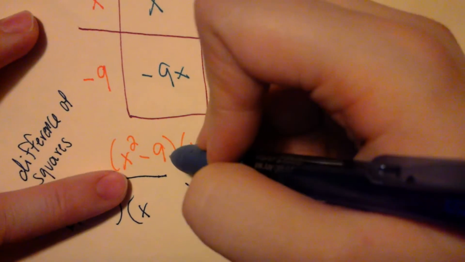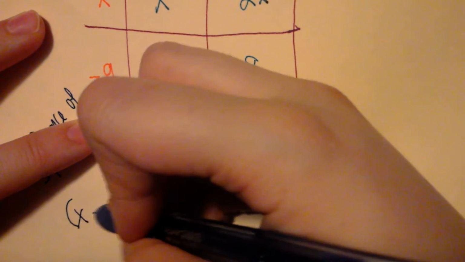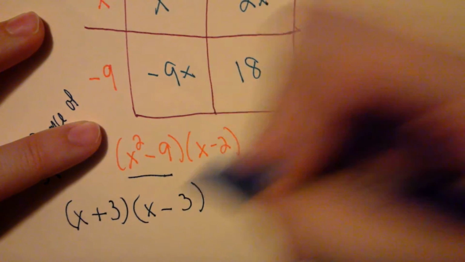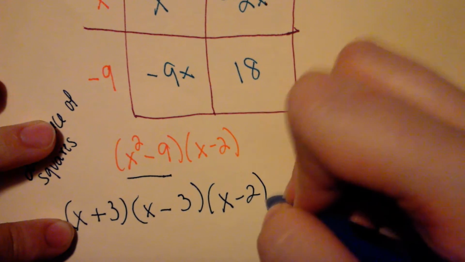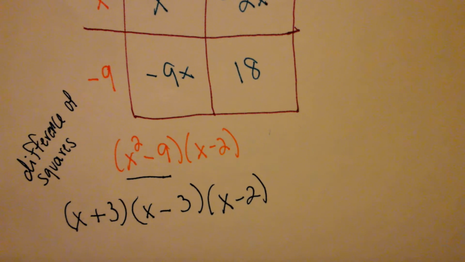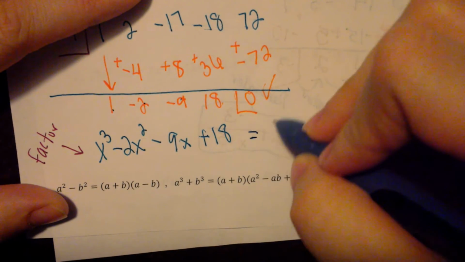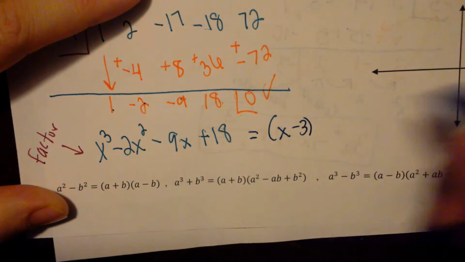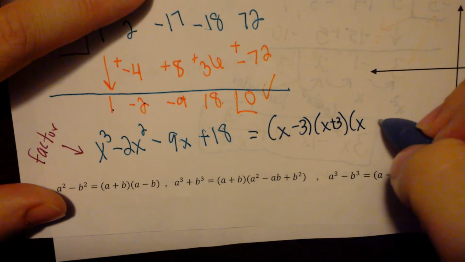So x squared, that's x times x. 9 was 3 times 3. I need a plus 3 and a minus 3. So that's my factorization. X minus 3, x plus 3, x minus 2.